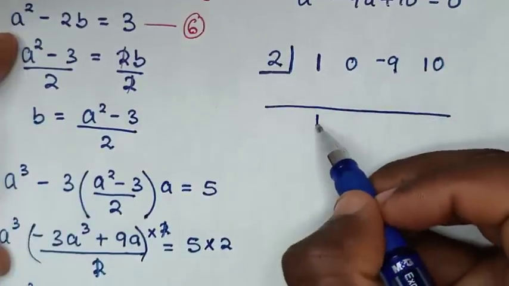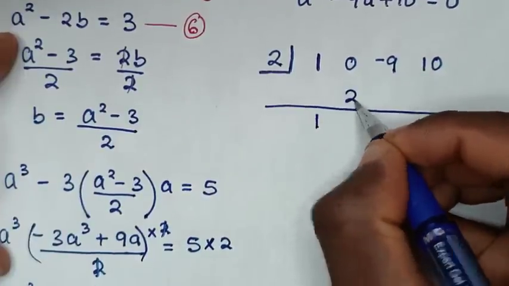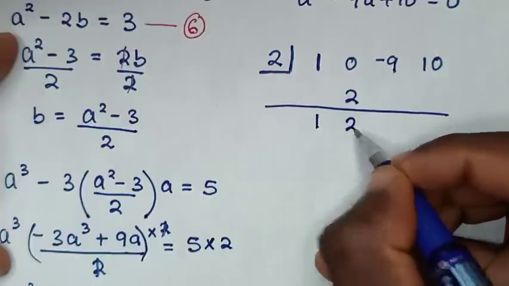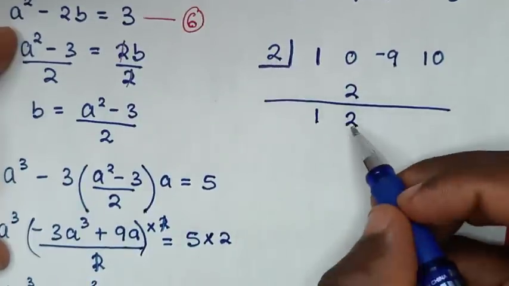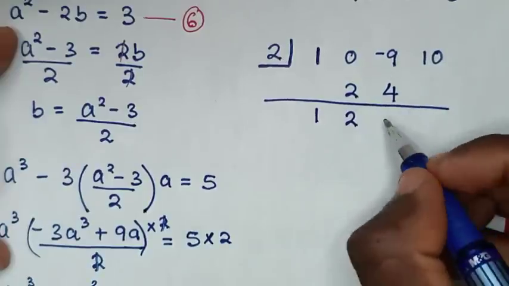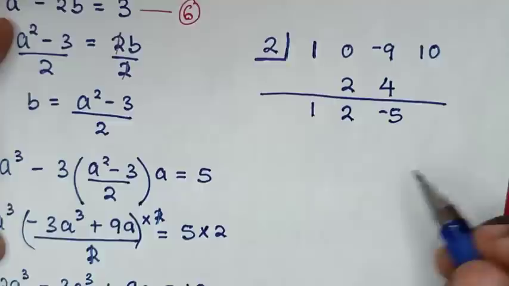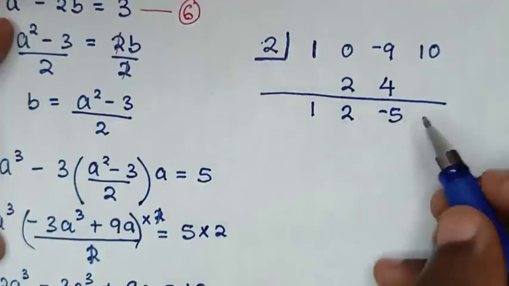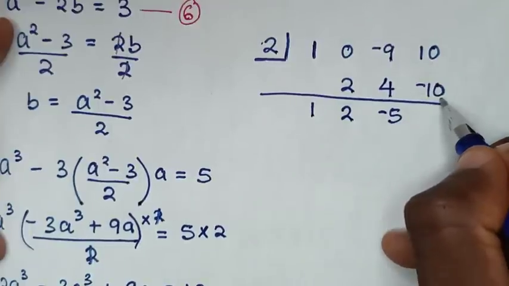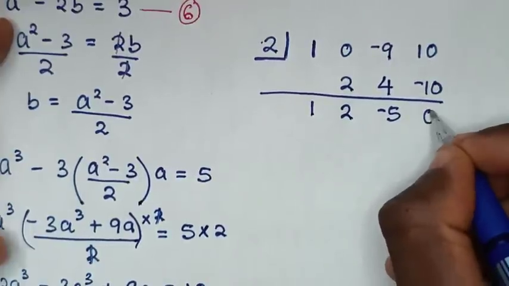Then 2 times 1, it is 2. Then 0 plus 2, it is 2. Again 2 times 2, it is 4. Negative 9 plus 4, it is negative 5. 2 times negative 5, it is negative 10. 10 plus negative 10, it is 0.